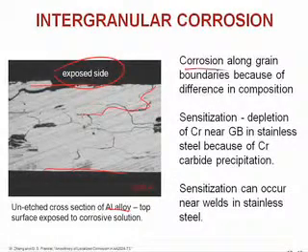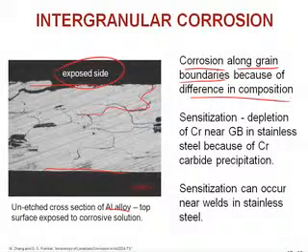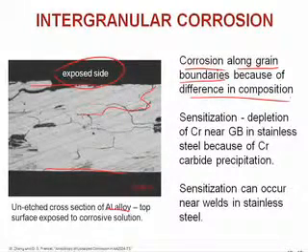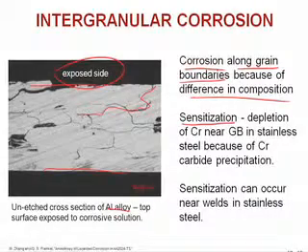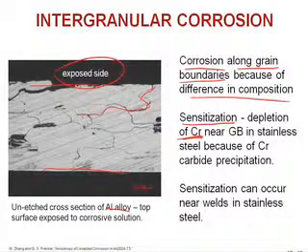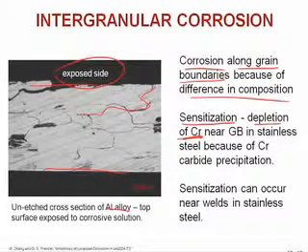So intergranular corrosion is corrosion along grain boundaries because of a difference in composition. This aluminum alloy had a region near the grain boundary that was much more susceptible to corrosion. This can happen in stainless steels, and there's a phenomenon called sensitization. Stainless steels contain chromium, which enriches to form an oxide on the surface, but in a certain temperature region, there's a depletion of chromium near the grain boundaries because chromium carbides form.